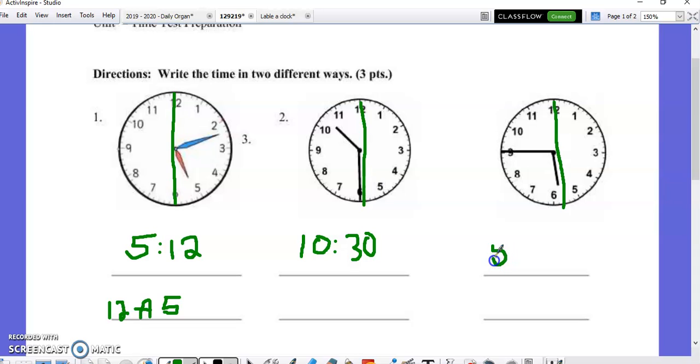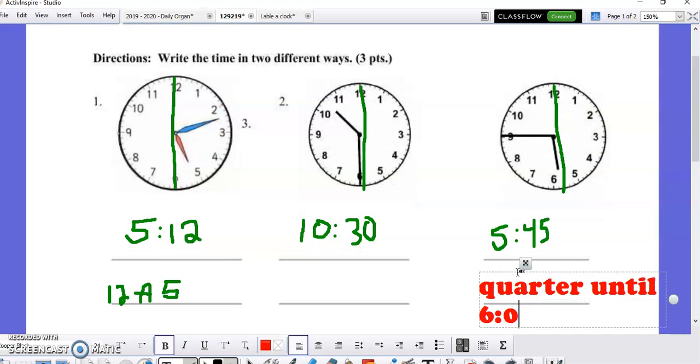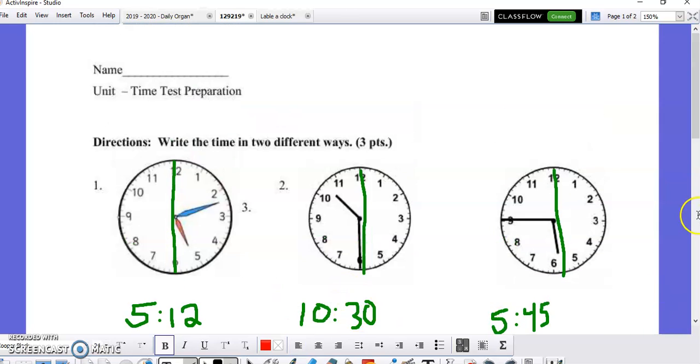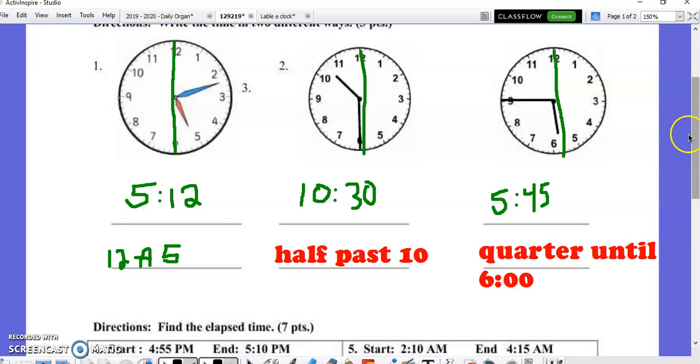So even though it's 5:45, the smart way would say it's quarter until 6. So you would actually say quarter until 6 o'clock. Which is different for number 2. You would say half past 10. Half past 10. That's the smart way.